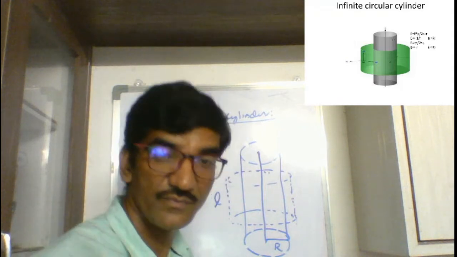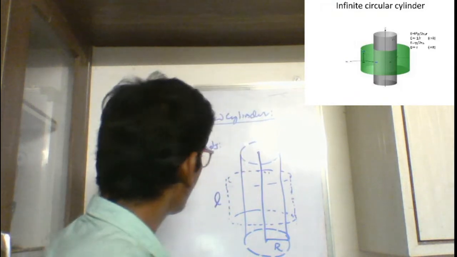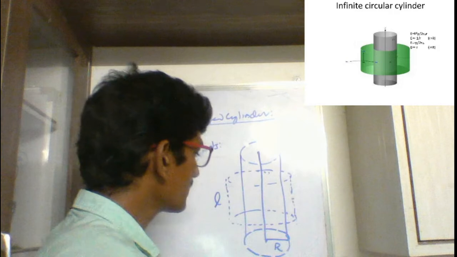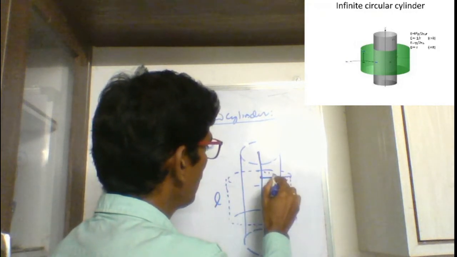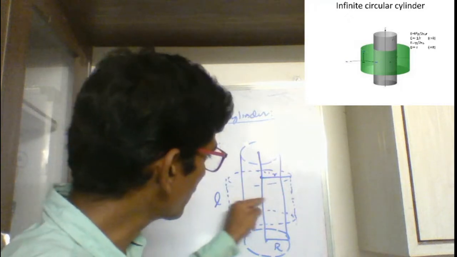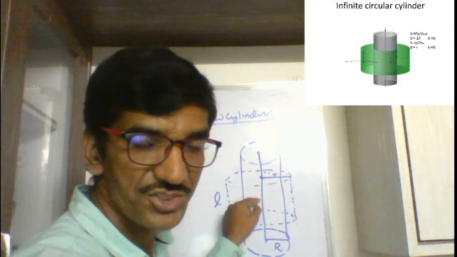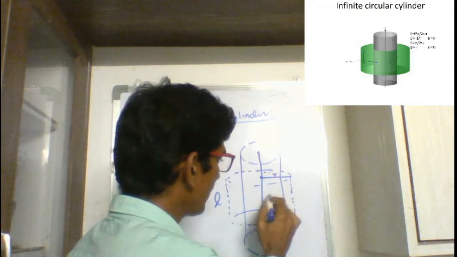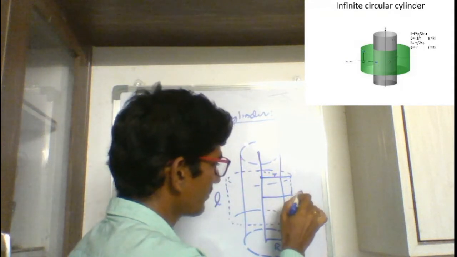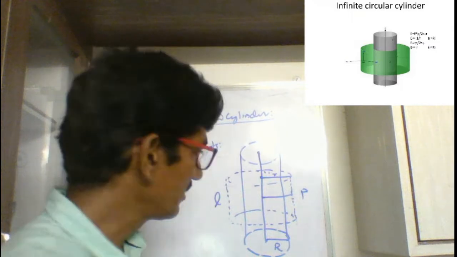Now what is its radius? Base radius, say this is small r, because you are considering a point situated at distance small r. You want to know the electric field intensity at this point, say this is your P.